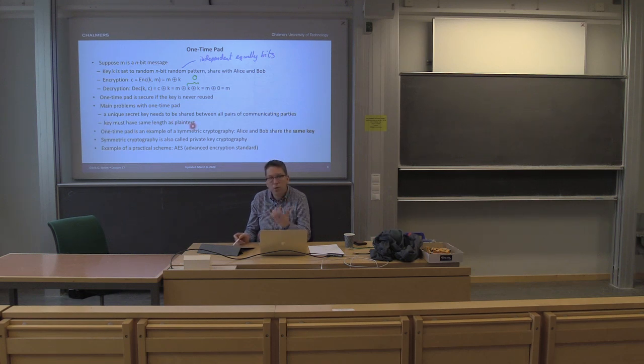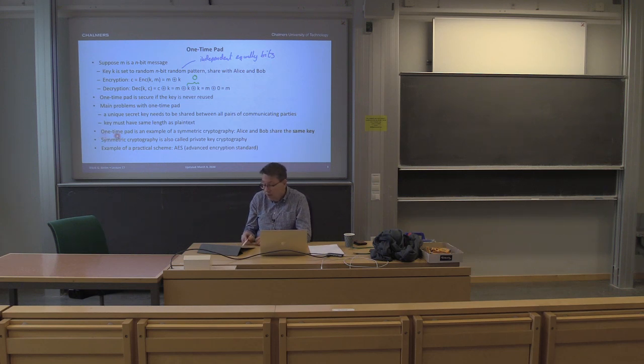So we need to do that for every new message. And if we think about it, we need to share the keys securely in order to share the message securely. But the key contains as many bits as the message. So what did we really gain here?